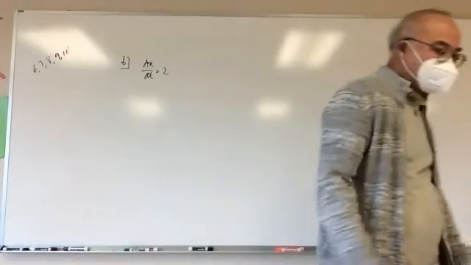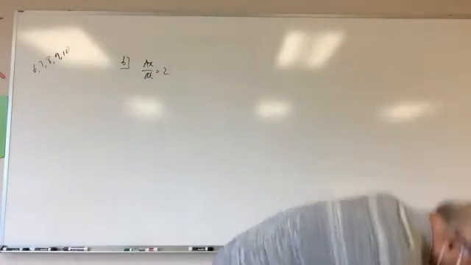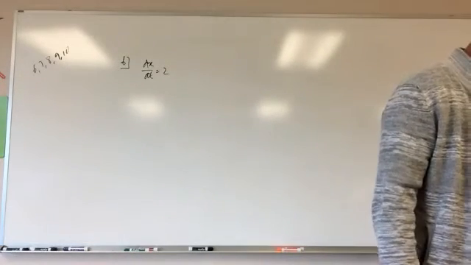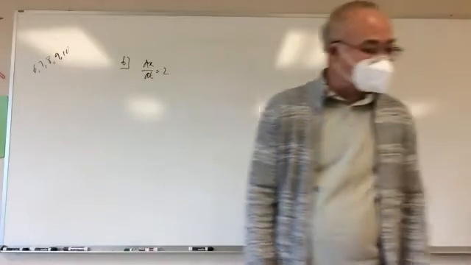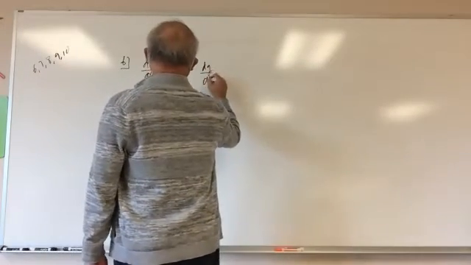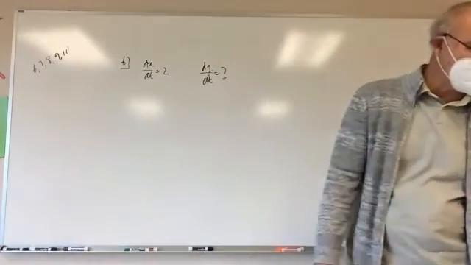Isn't that what that means? Because the abscissa is the x coordinate, and then at what rate is the y coordinate increasing at that instant? So what they want you to find is dy dt.